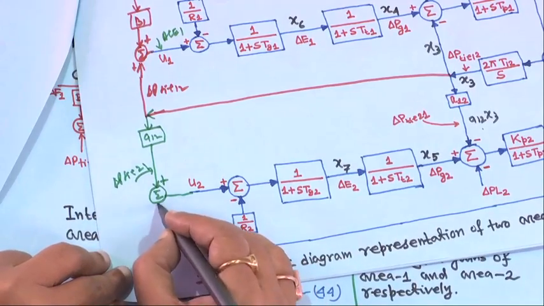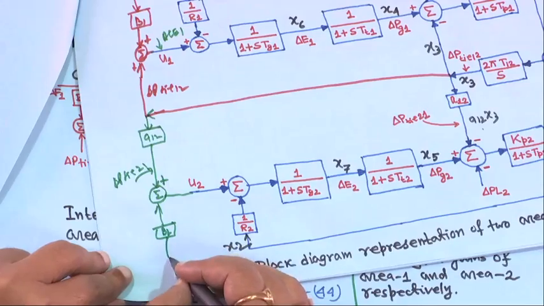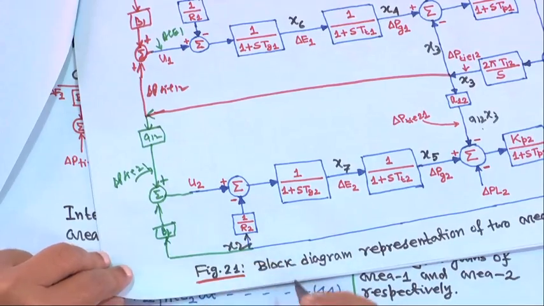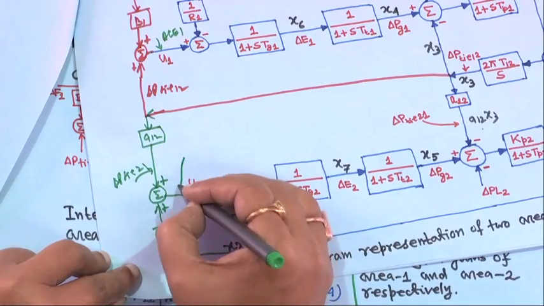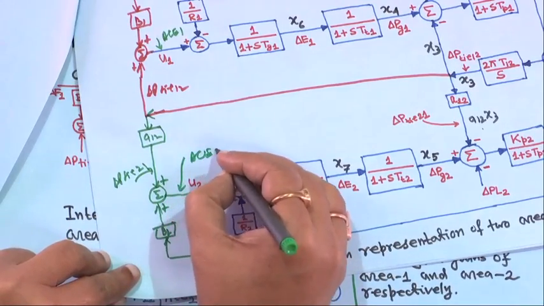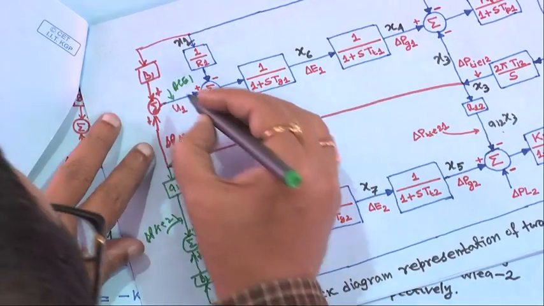This is your B2, and here it is B2 into delta F2, and this is your plus, and this part is AC2, the output is AC2, right, and integral control action is there.